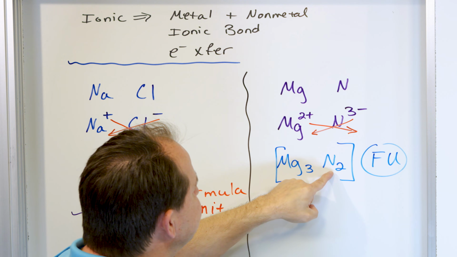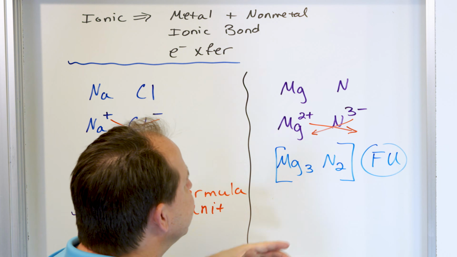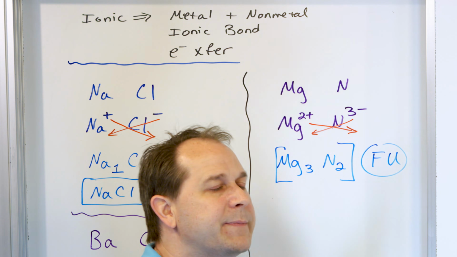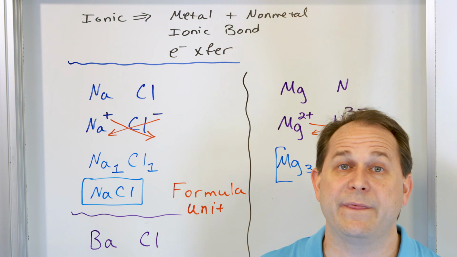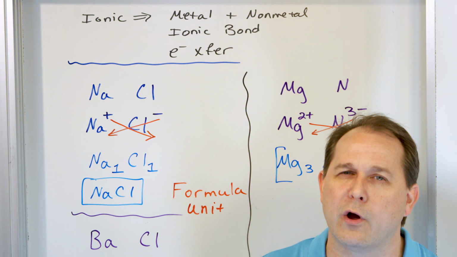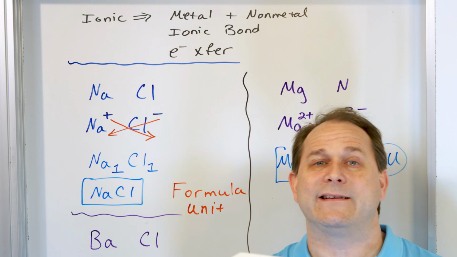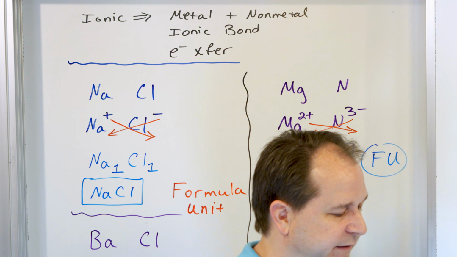And then if you have 2 nitrogens, each with a charge of -3, then again you'll have -6. So you'll have a +6 from the magnesium contribution and a -6 from the nitrogen contribution. Overall together, it'll be a 0. And that's what things like to do when they bond. They want an overall 0 because the electric charge is so strong that they're going to keep attracting stuff until the charge is overall 0. That's why they bond in this ratio.